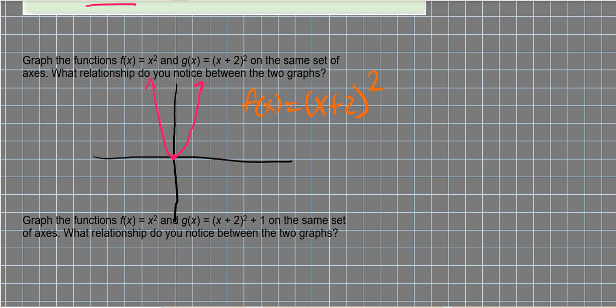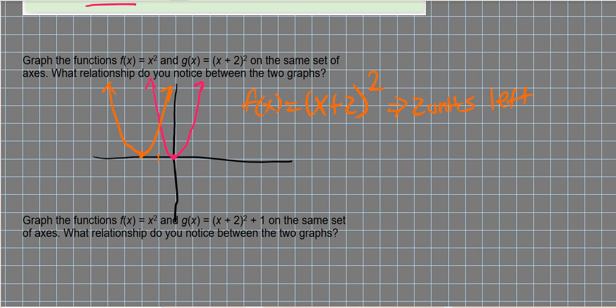That means we are going to go 2 units to the left. Remember, opposite direction of its sign. So that'd be 1, 2, and you still just make a parabola. Make sense? Maybe, maybe not.